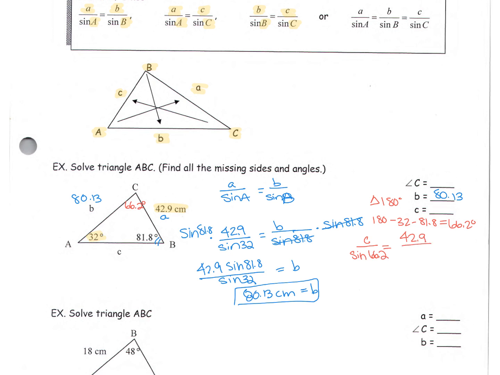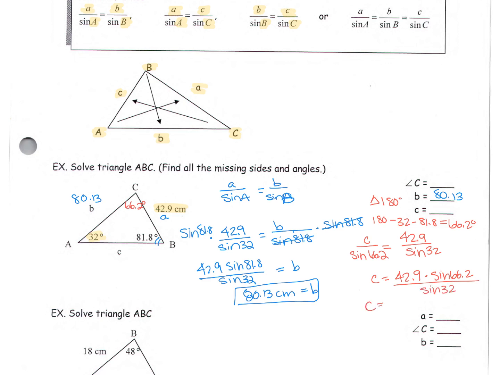So I'm going to write side a, 42.9, over sine of A, which is 32 degrees. And I'm going to multiply this sine of 66.2 over to the other side. So I have 42.9 times sine of 66.2 all over sine of 32.